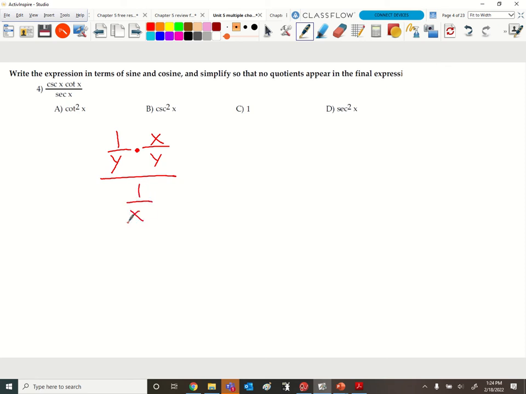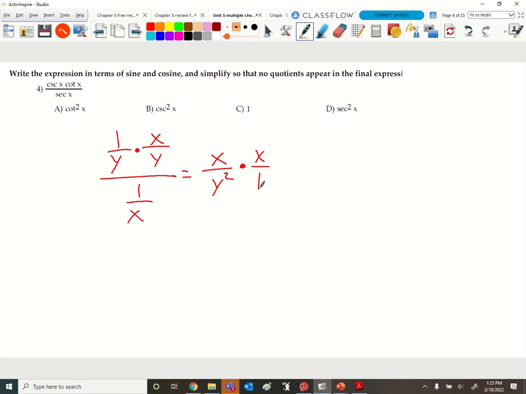I do not like it. I do not like it here or there. I do not like it anywhere because this is a fraction over fraction. But what I am going to do is the top. So let's at least multiply the top. So on top I should come up with, very good, x over y squared times the reciprocal. So I'm going to flip over the bottom. What's that going to turn into?